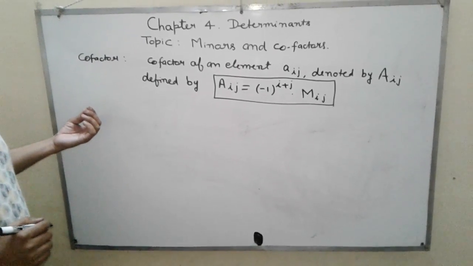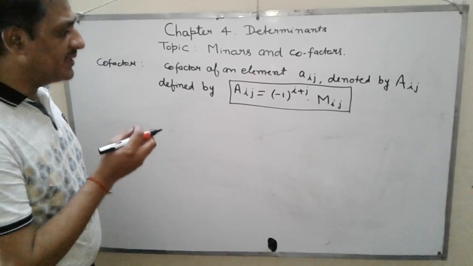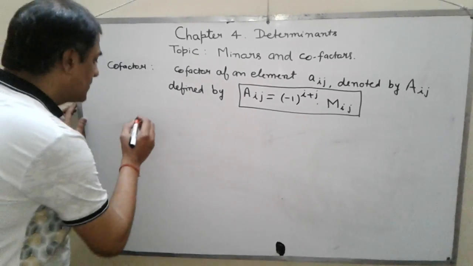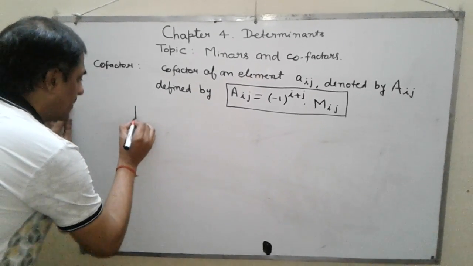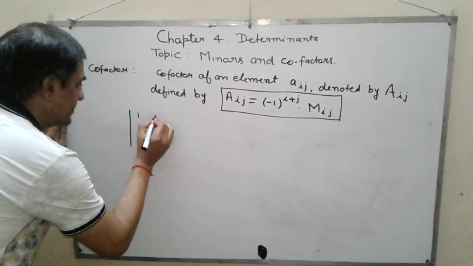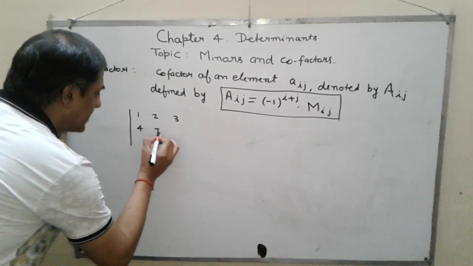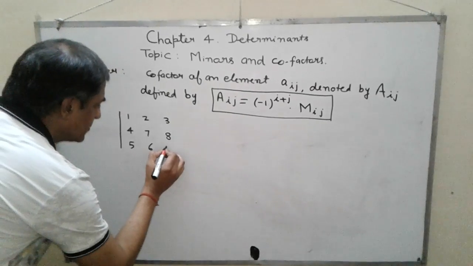To make you understand this topic very clearly, I am taking an example: 1, 2, 3, 4, 7, 8, 5, 6, 2.